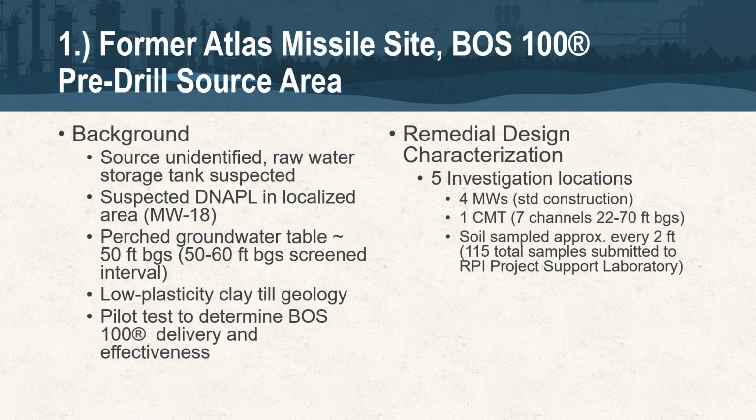So the RDC portion for this, we had 5 locations: 4 monitoring wells and 1 CMT well, or multi-channel well, where we had 7 channels between 22 and 70 feet BGS. At each of these locations, soil was sampled approximately every 2 feet, with a total of 115 soil samples coming to the RPI laboratory.